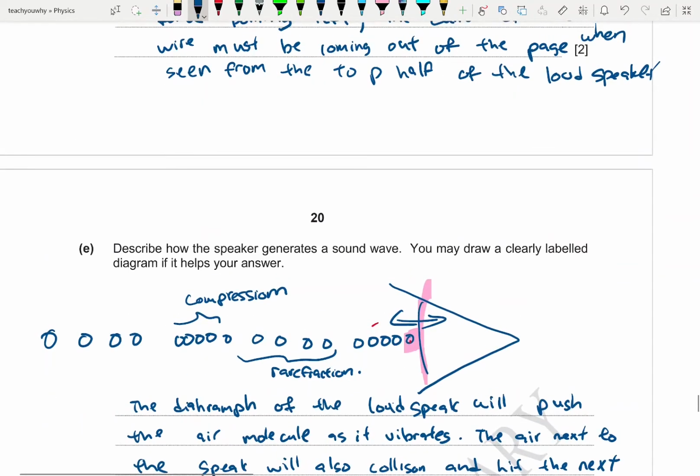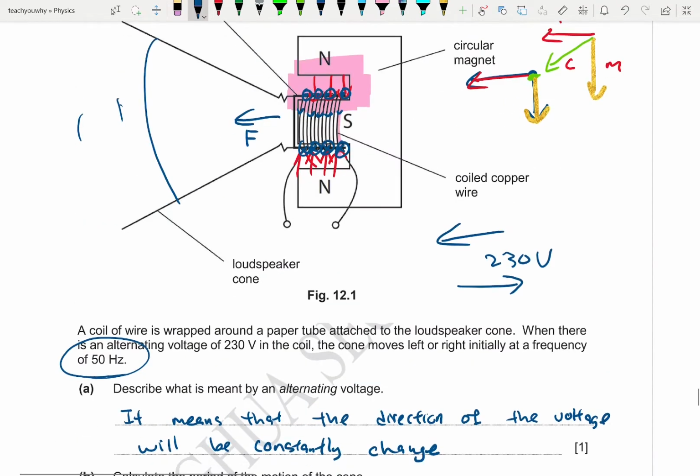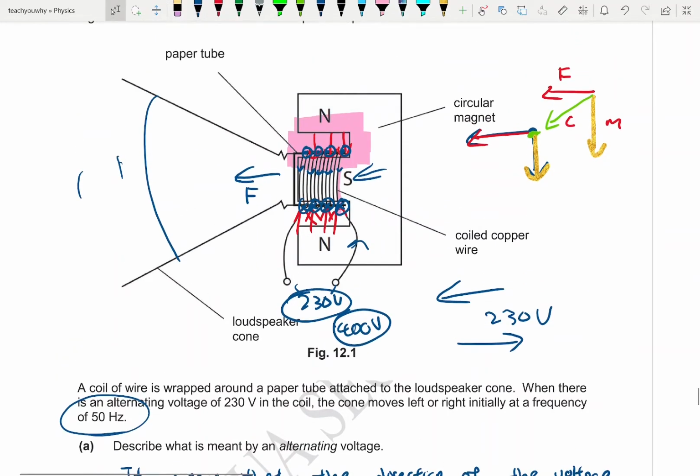Okay, so basically what I'm trying to say is that if instead of 340 volts here, I increase to 400 volts, the current passing through all your circuits, all the coil here, will also increase, which produces a greater force.